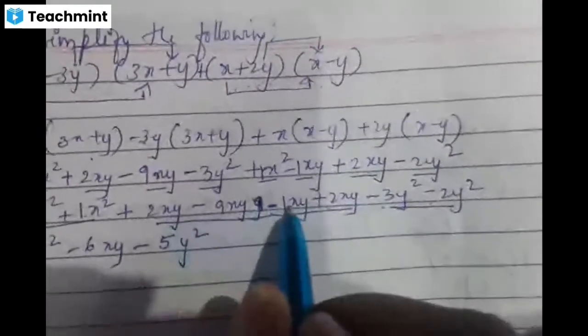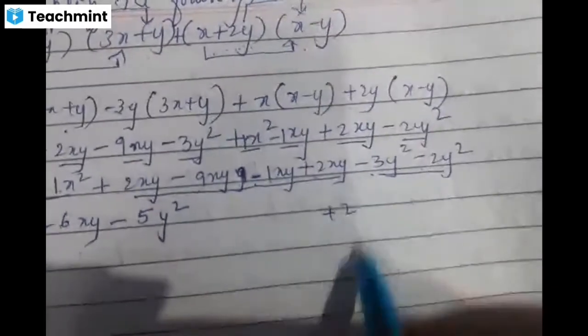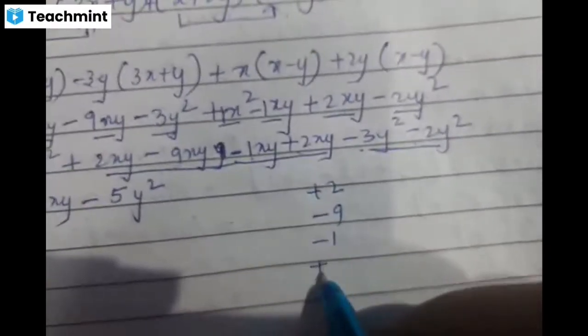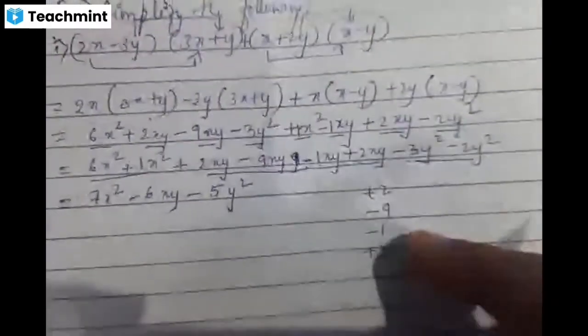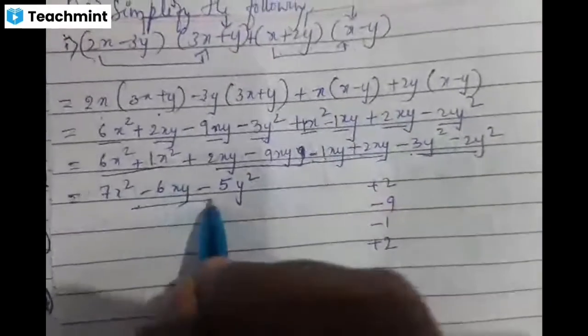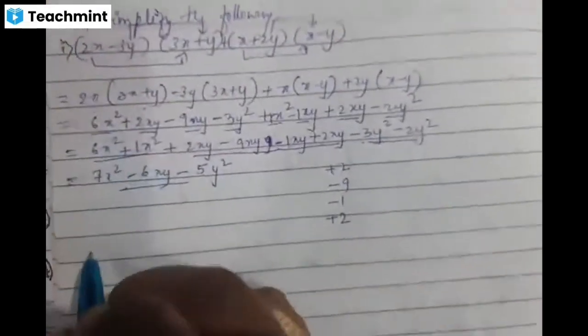Here, how to add and subtract you should already know. You can also keep it in a serial vertical column or column method, children. Plus 2 and then minus 9, minus 1, then plus 2. You know how to add and subtract these integers, children. We have learnt it in the previous chapter. So the answer is this. Now we have to consider LHS.